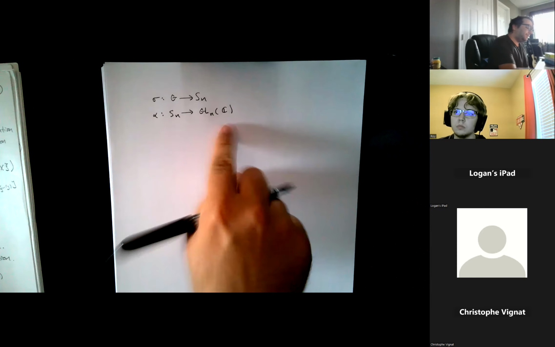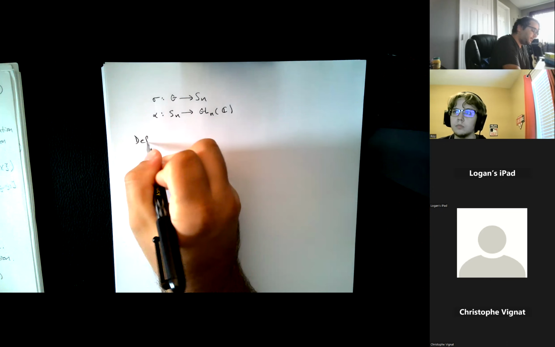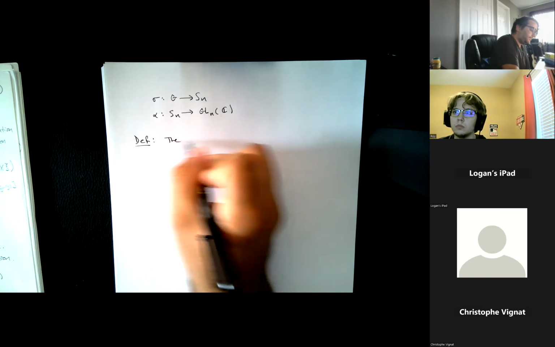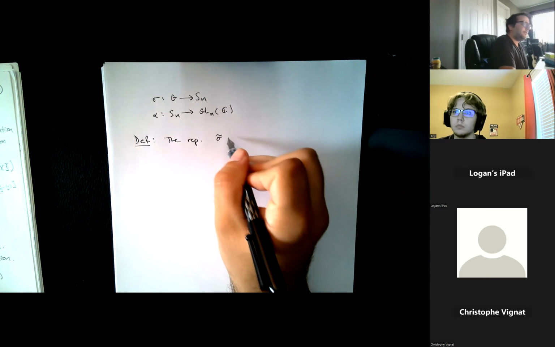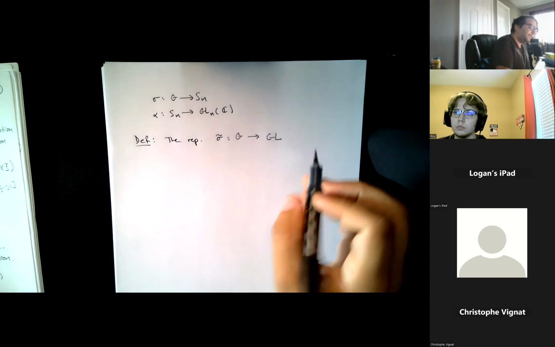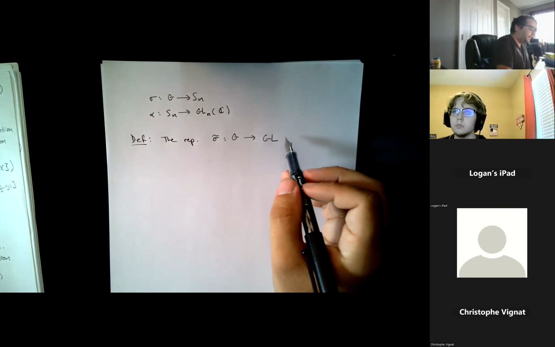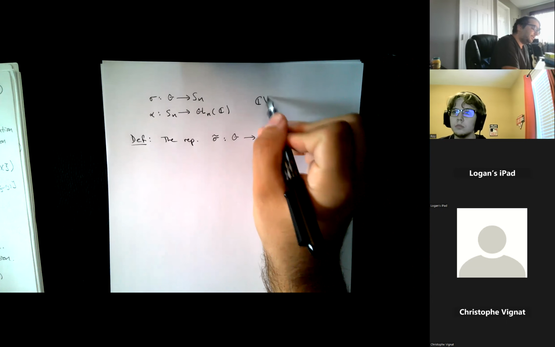And we can compose these to obtain a representation sigma tilde, which maps from G to GL, and I'm going to introduce this notation Steinberg uses.